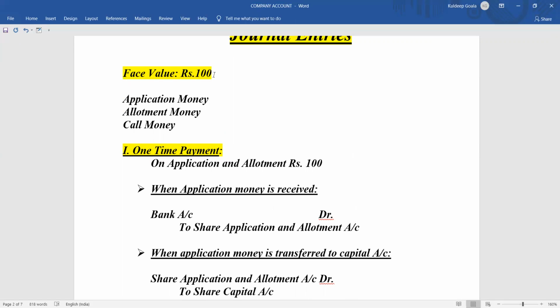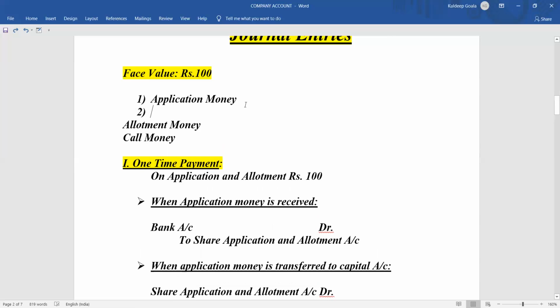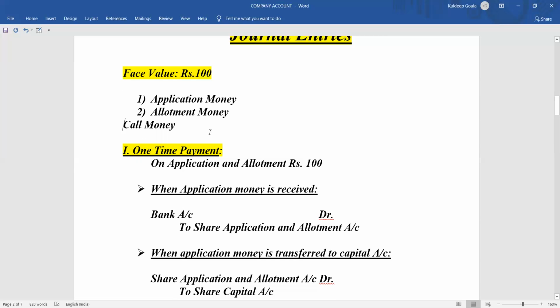Application money is the money we get in a situation where the shares are issued and people apply for it. People apply for it means they apply for the shares.